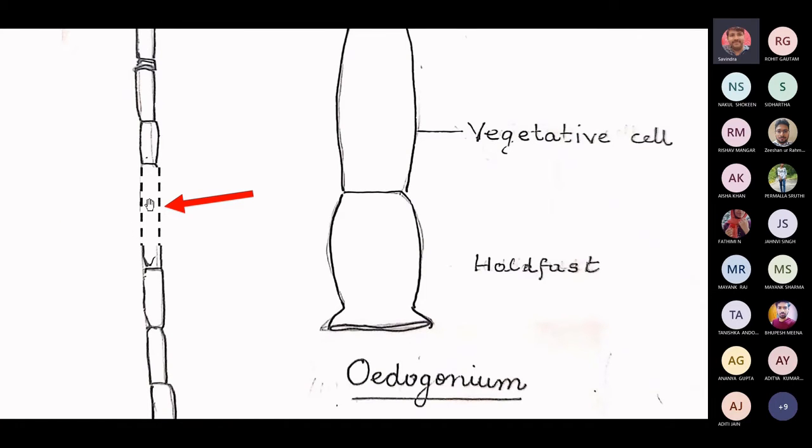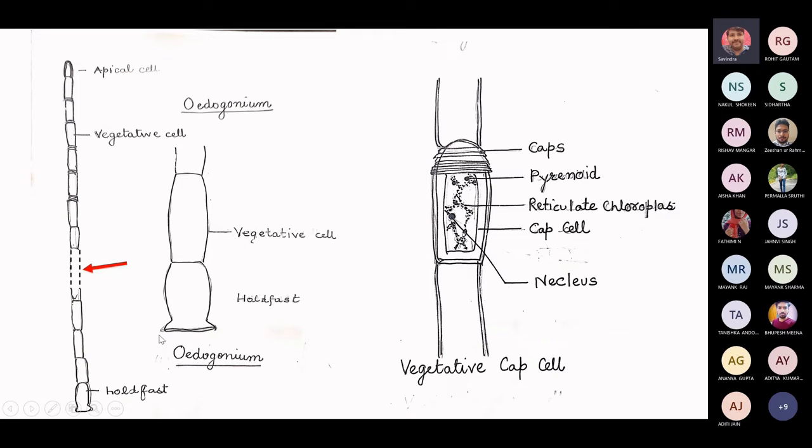Can anyone explain what it means when we join the two parts of the filament by a dotted line? Sir, it's not completed, it's in continuation. Yes, it's in continuation. There are many more cells in between this cell and this cell. So the meaning is very clear.